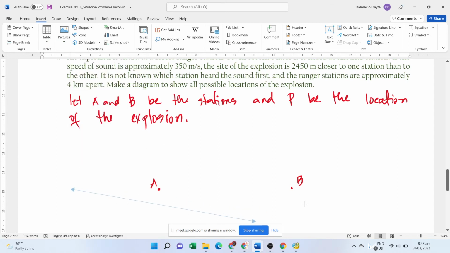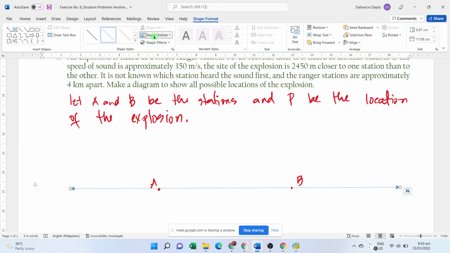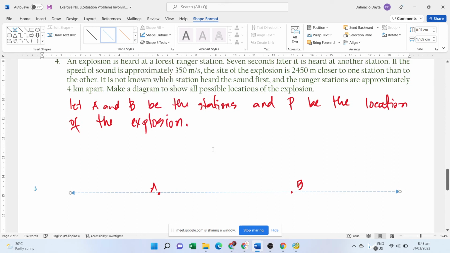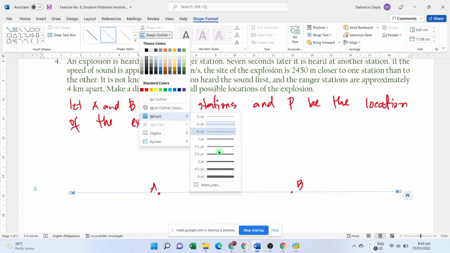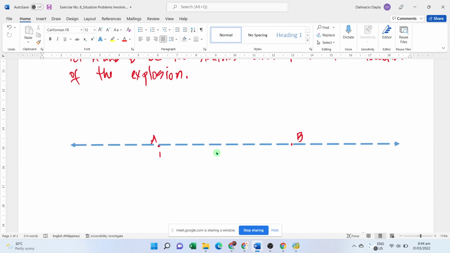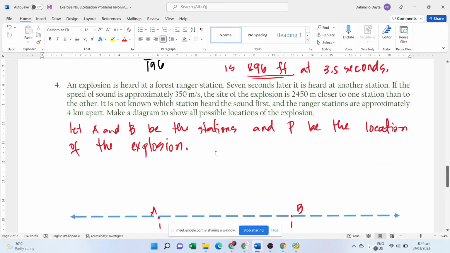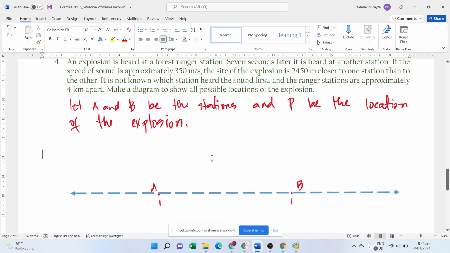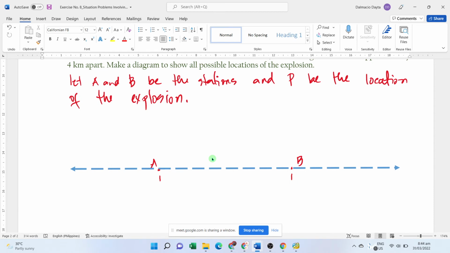Alright, then these two are 4 kilometers apart, and since the speed is in meters, let us show 4 kilometers as 4,000 meters apart.